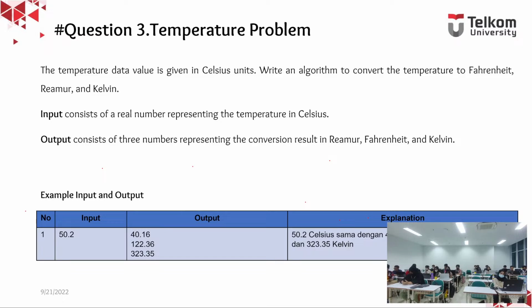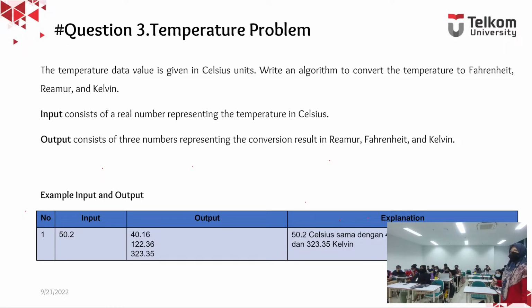Okay, so this is the temperature. Okay, same as the previous example. Please try to define your own instructions, the instructions in your own language on how to solve this problem. The temperature data value is given in Celsius unit. So it means that the input is in Celsius unit, and then we need to write an algorithm to convert the temperature to Fahrenheit, Reamur, and Kelvin.